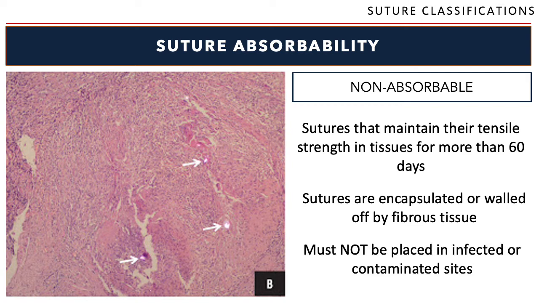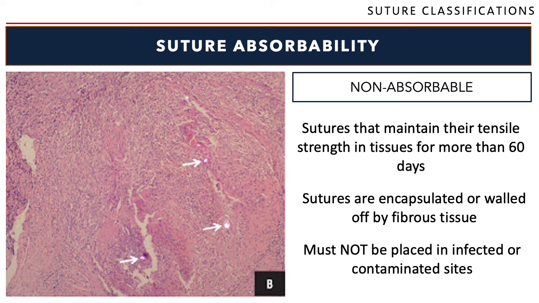So you must not place these non-absorbable suture materials in infected or contaminated sites because you expect that the amount of immune cells and the immune mechanisms directed towards that site is heightened as compared to the other ones. Okay? So now, let's start discussing the different absorbable suture materials.